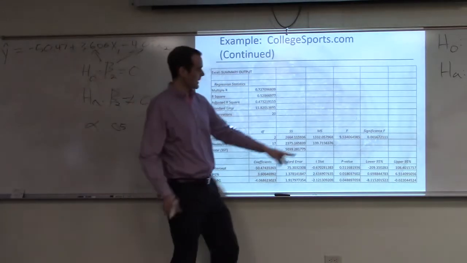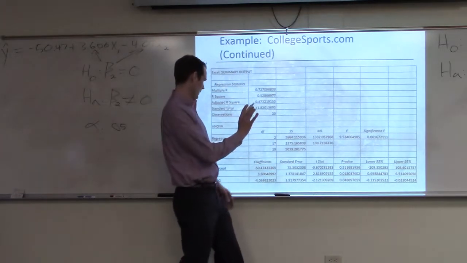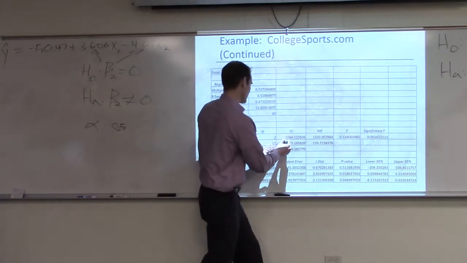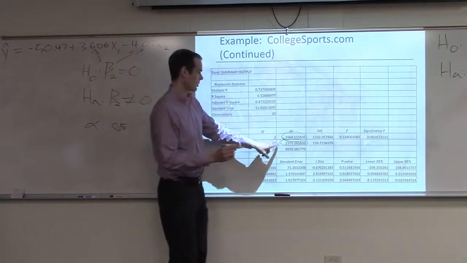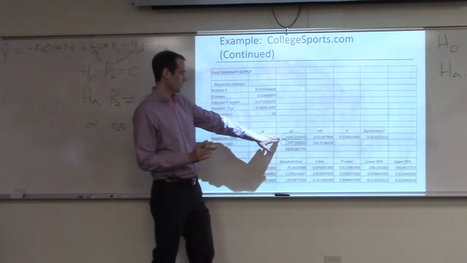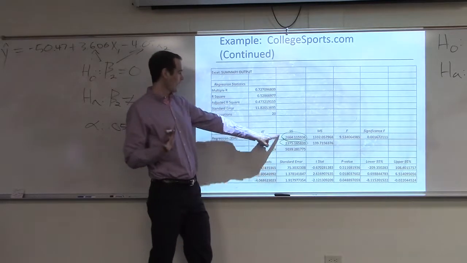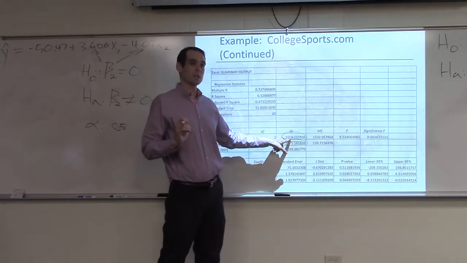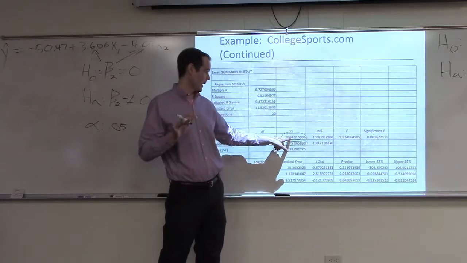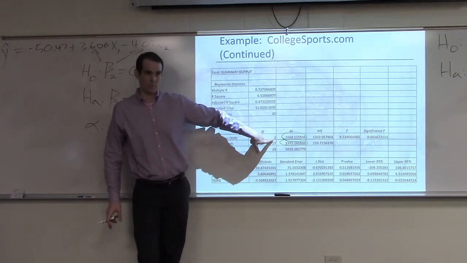Now, in terms of how we calculate this 9.5, it's not just explained over unexplained. We need to adjust this explained and adjust this unexplained. How we adjust the explained is we take the sum of squares regression, the explained variation, and we divide by the number of independent variables.